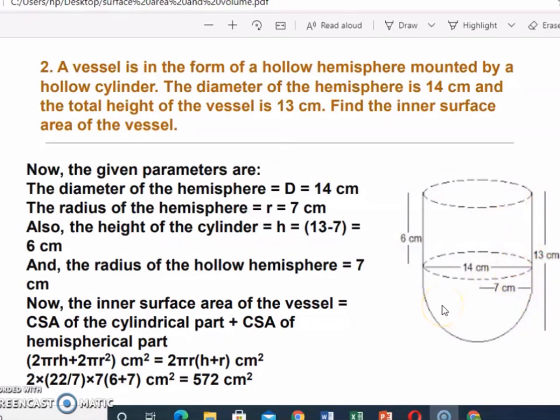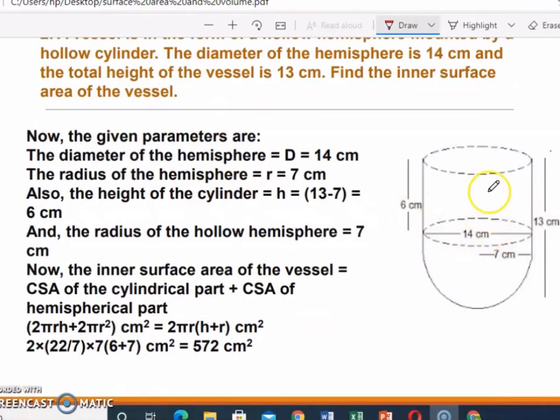You have to find the inner surface area of the vessel. So to find the surface area of this solid, you have to find the curved surface area of this cylinder plus the curved surface area of the hemisphere, and add both. For this entire container, the height is given as 13, but we need to find only this much, the height of the cylinder.